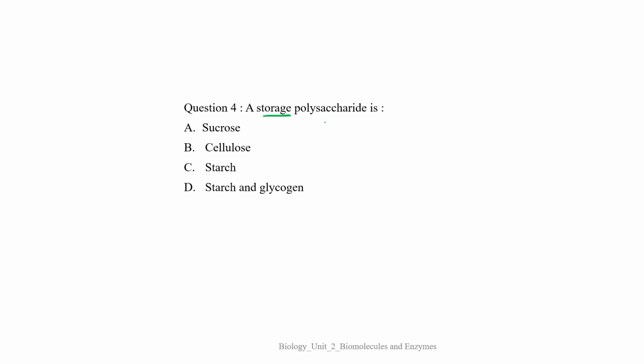A storage polysaccharide. They want to know, out of these 4 choices, what kind of polysaccharide we can consider as a storage polysaccharide: sucrose, cellulose, starch, or starch and glycogen.